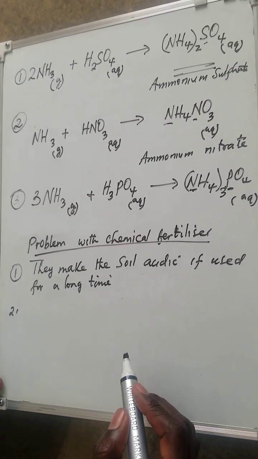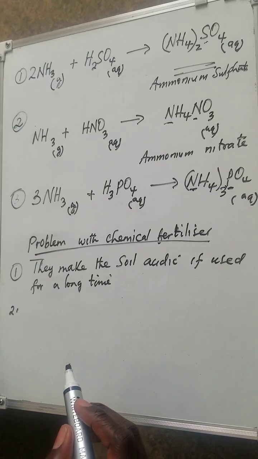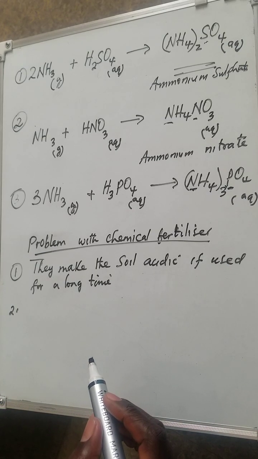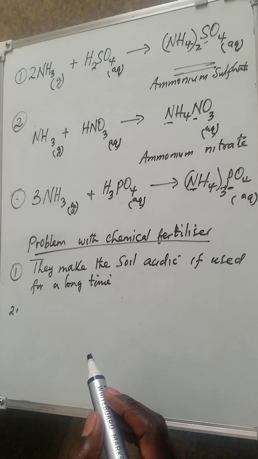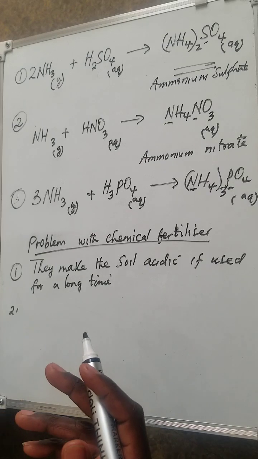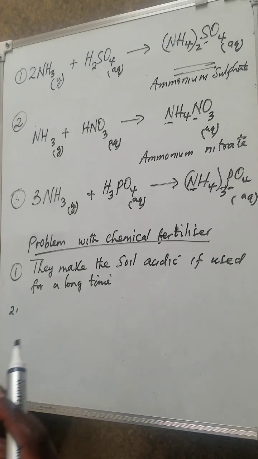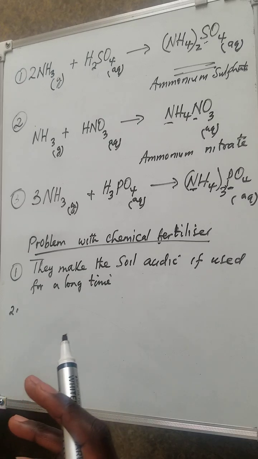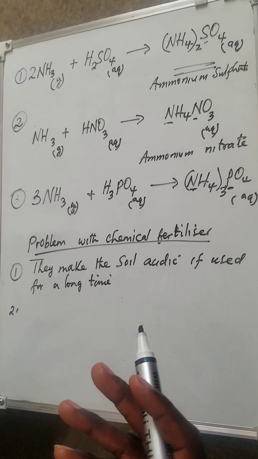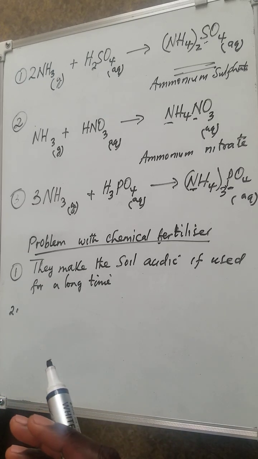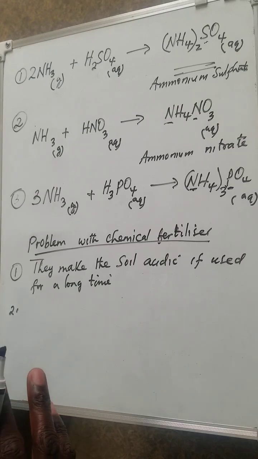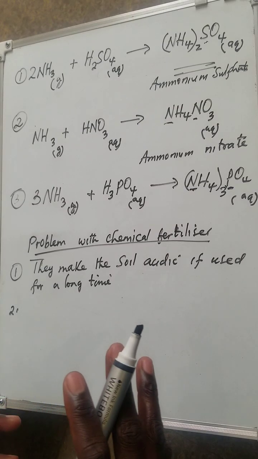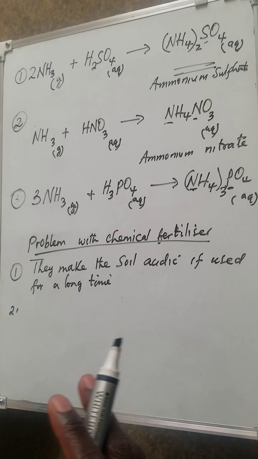The other problem associated with chemical fertilizer is that it easily gets leached away. What do I mean? It gets washed away by rainwater, especially when it rains. Such chemical fertilizers are easy to dissolve, and hence all the nutrients are washed into rivers and lakes.